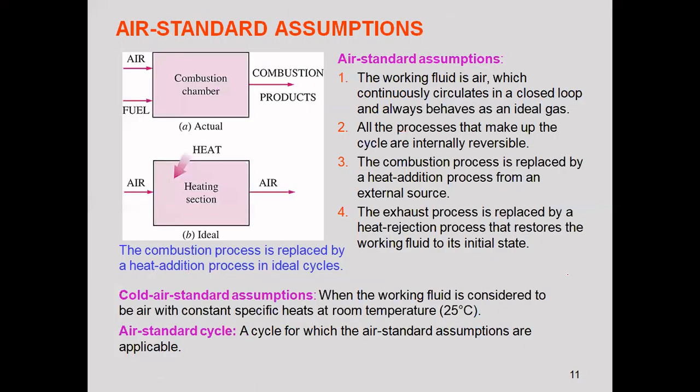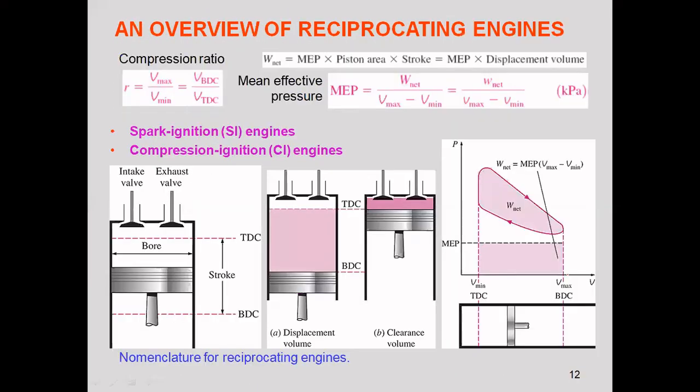Now we will go to actual cycles. In this case, we have also given some definitions, like compression ratio, meaning volumetric compression ratio. So r is equal to Vmax by Vmin.